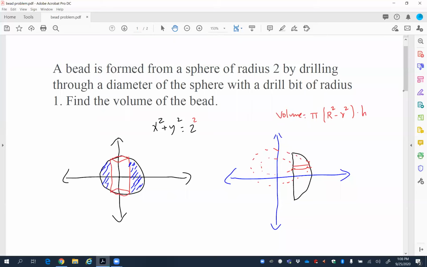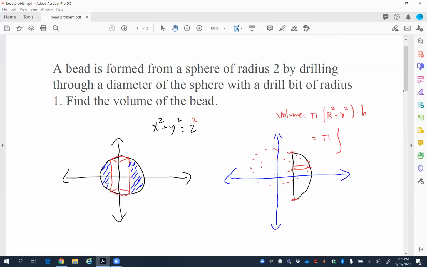So in this case, because we're finding the volume from this point to this point, we're going to integrate this from, now here we're trying to use the variable y. So we're going from the y value of this point to this point.